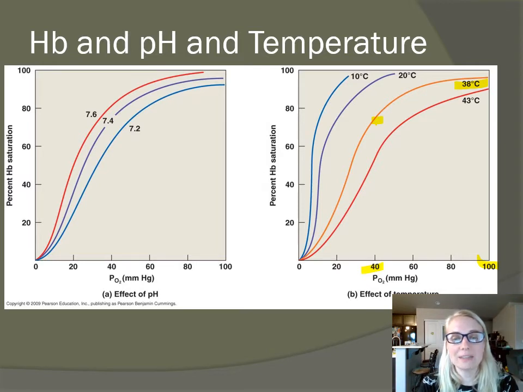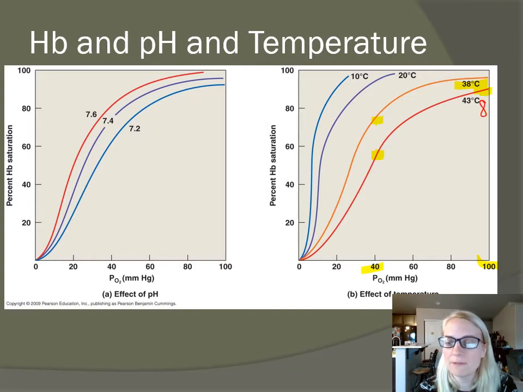Now let's take a look at if you have a fever, like a really high fever. This is similar to an acidic condition, at 100 partial pressure and 40 partial pressure. Let's get those numbers in here. This looks to be on the graph maybe like 85. Oops, I'm still in highlighter mode.